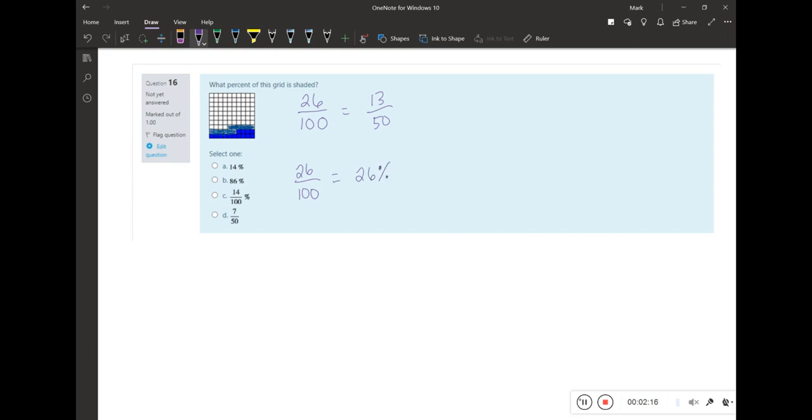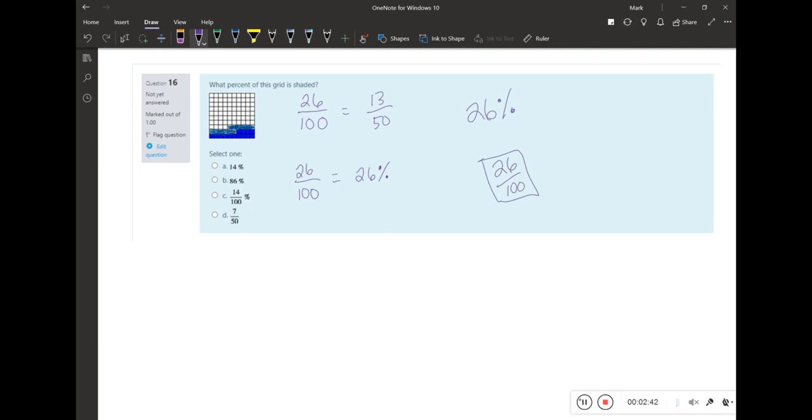One thing people get caught on is they'll see this and say it's 26 out of 100%, but that's not right, because the percent symbol actually means out of 100. So 26% literally means 26 out of 100.